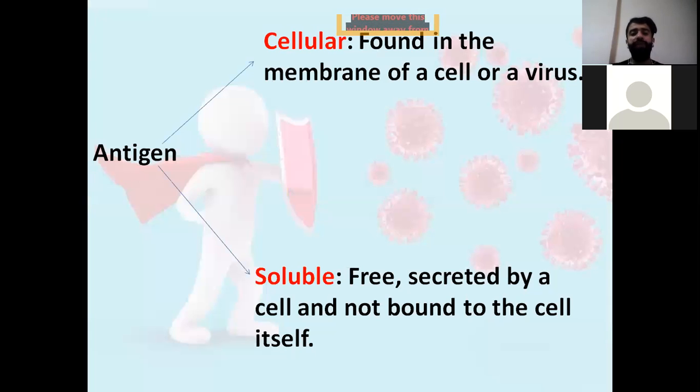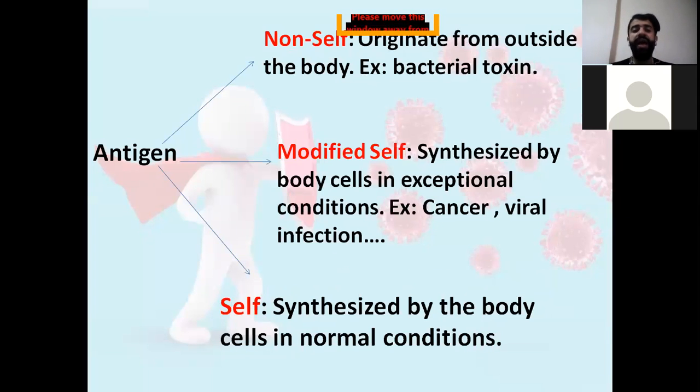Okay, so here you have to know that antigens are divided into two categories. Either it's cellular, found in the membrane of a cell or a virus, or it's soluble, free, secreted by another cell and not bound to the cell itself. Antigens can also be in three categories: non-self, modified self, or self.